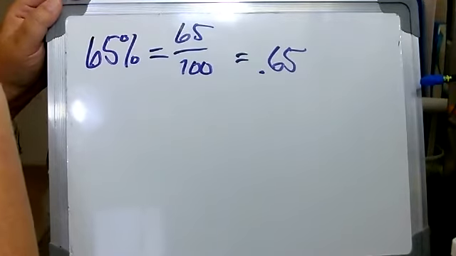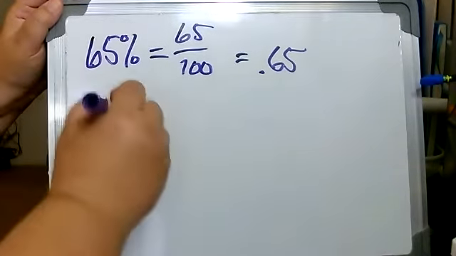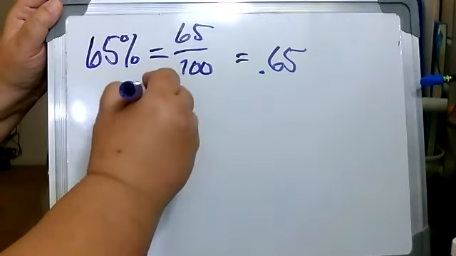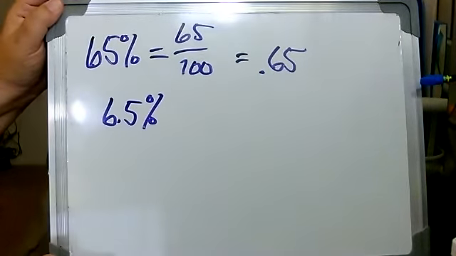Okay. One thing I want to show you though is if you have a percentage of 6.5, which you can absolutely have, you still have to move your decimal over 2 points.